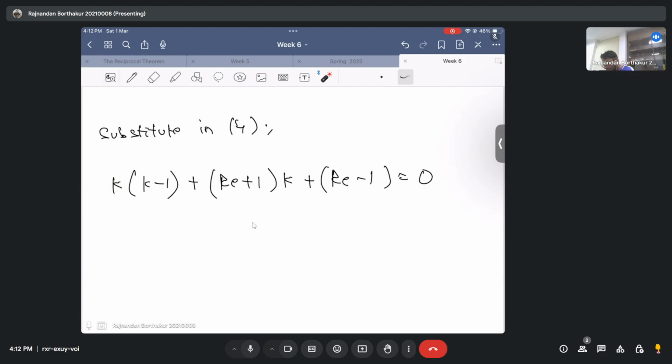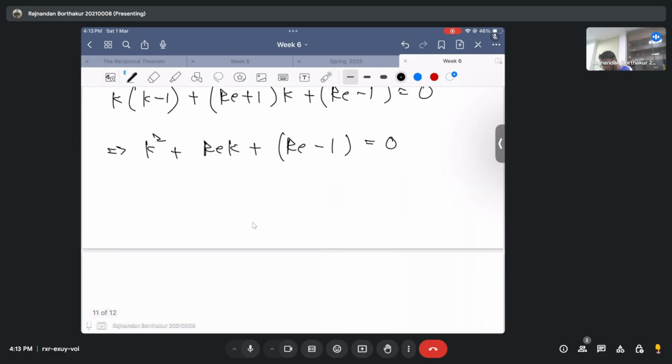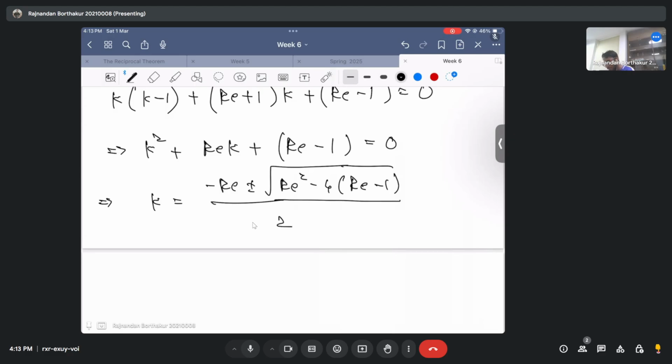So if this is the case, then let's solve this for k, because that's the thing that we want here. It will just be k squared plus Re times k plus (Re minus 1), after doing the algebra, equal to 0. If we solve for k, the roots will be k equals minus Re plus or minus the square root of Re squared minus 4 (Re minus 1), divided by 2.